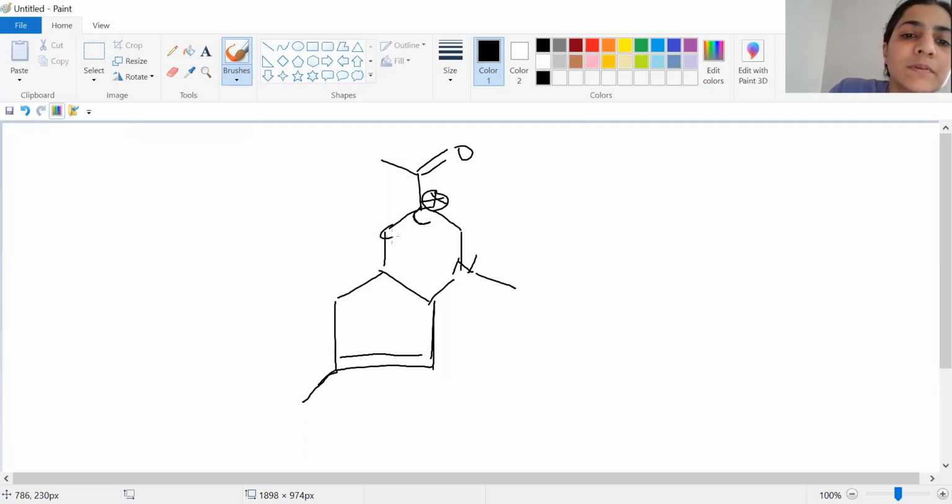What about this carbon? There are 2 same hydrogens on it. What about this carbon? There is a little hidden hydrogen here.